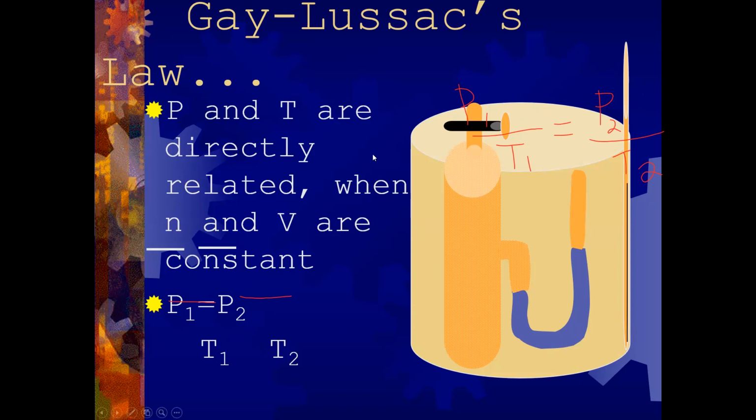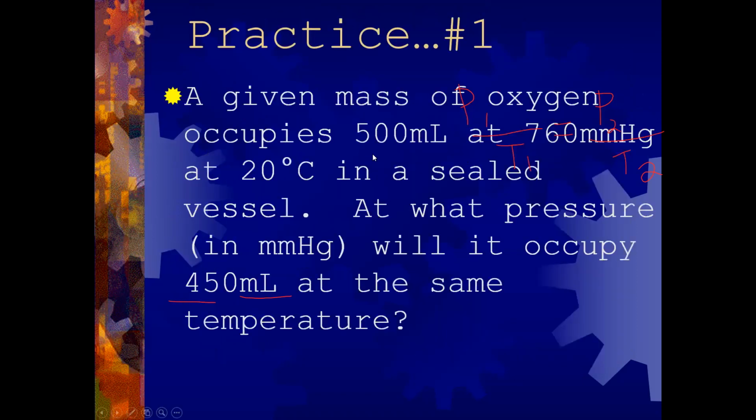All right, we have some problems. The best way to do this is to identify which law based on what's not mentioned, because whatever is not mentioned is being held constant. So we're going to read and see what's going on here.